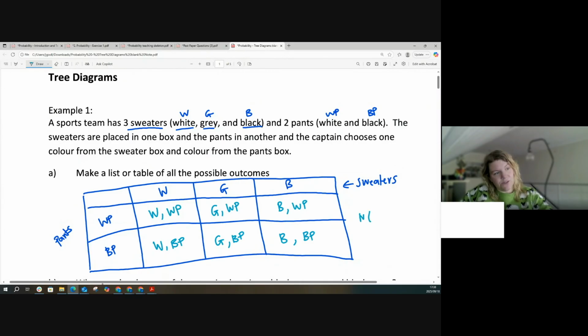So my first question to you, don't know why I'm doing a capital N, is what is my sample space? What is that going to be equal to? How many different outcomes do we have?